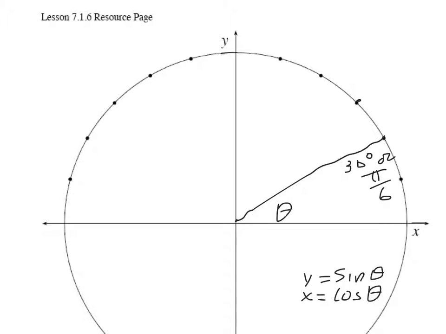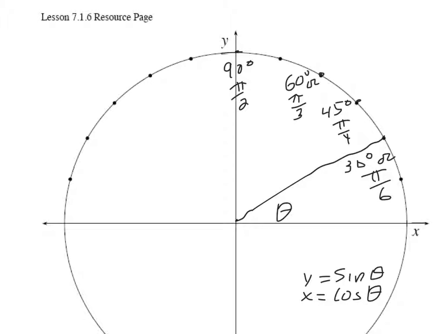This point is 45 degrees or pi over 4 radians. And this point right here is 60 degrees or pi over 3 radians. And up here we have 90 degrees or pi over 2 radians.